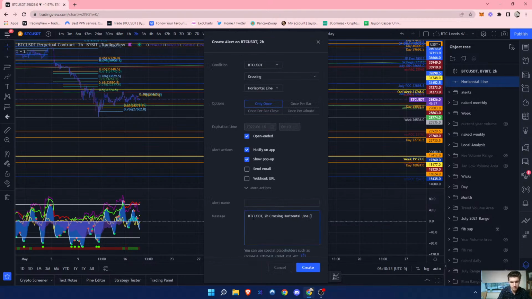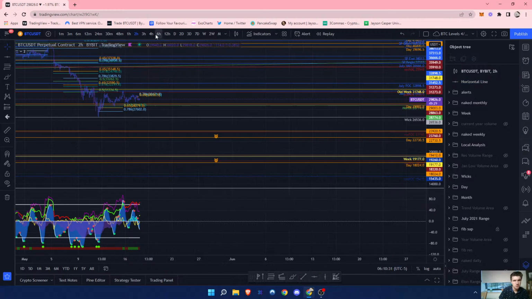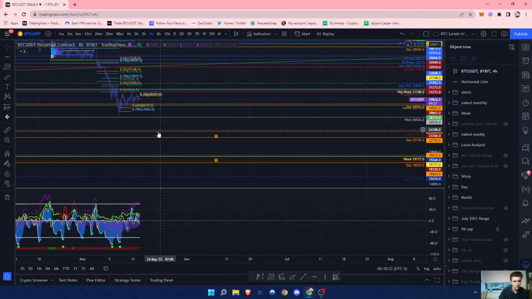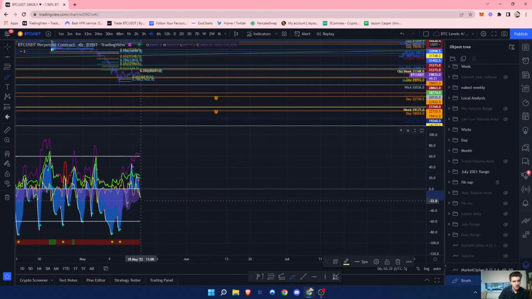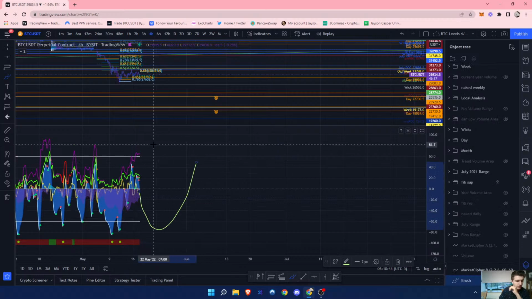And then of course right here, I'll plan this one out. This will be a swing long. And I'll show you on the 4 hour. Again, this is kind of the same thing going off the 2 hour. We'll get price coming down towards that level. We'll possibly get another thick anchor wave if that happens.